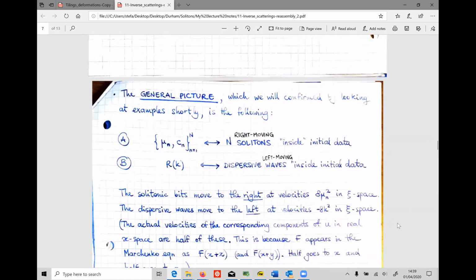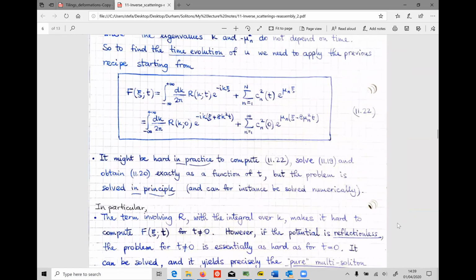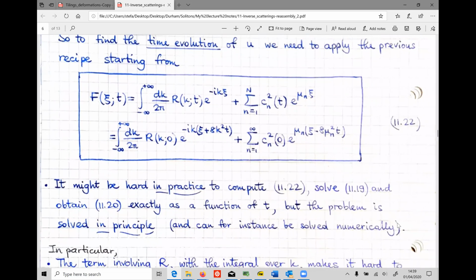Well, the link to Fourier analysis comes from this expression here for the function f of psi. We see that the first term here is literally the Fourier transform of the reflection coefficient r. And so in particular, different waves with different wave numbers k are superposed linearly.